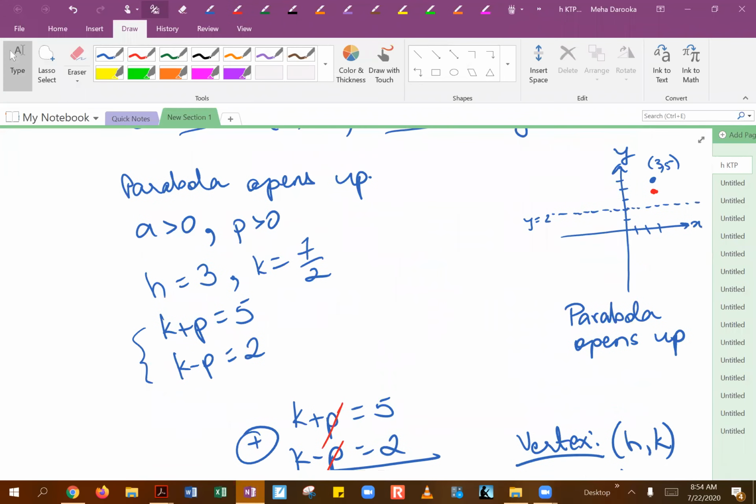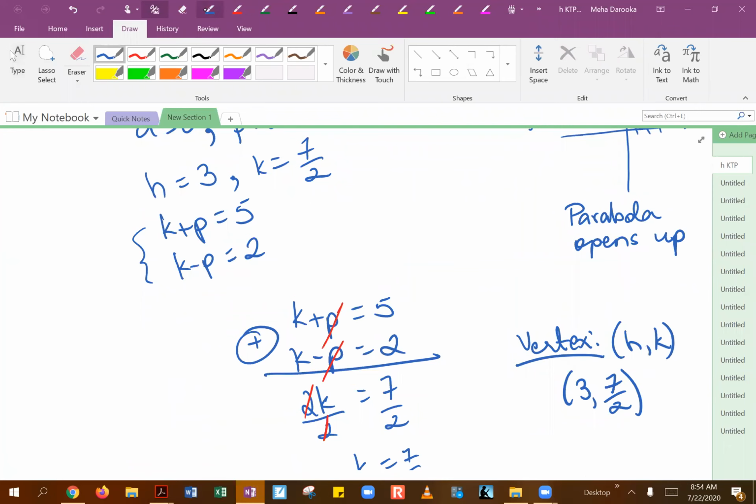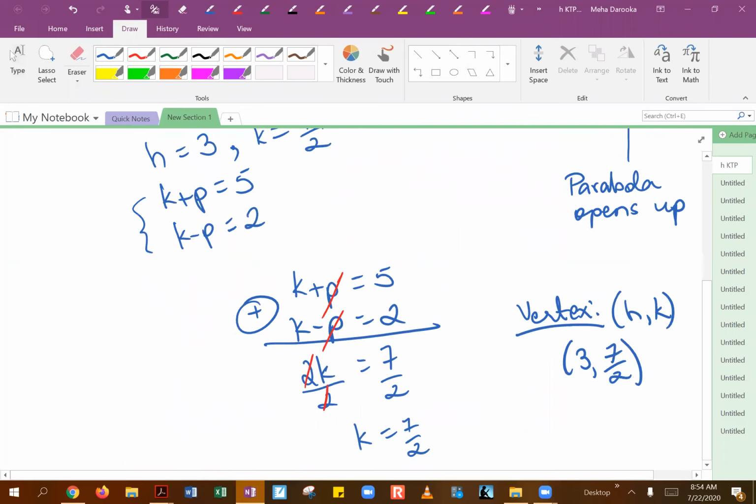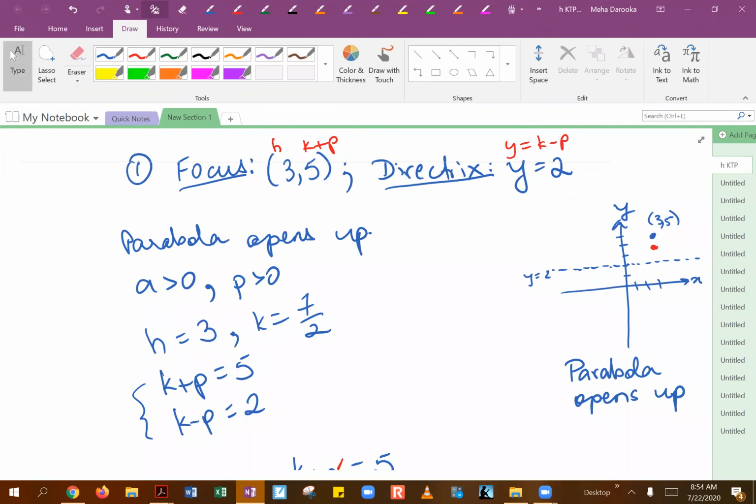What we are basically trying to do is come up with the equation for our parabola. Since we have the focus and the directrix, it's easier to come up with the equation in the transformation form, because we can find the value of h, which comes from the x coordinate of our focus.